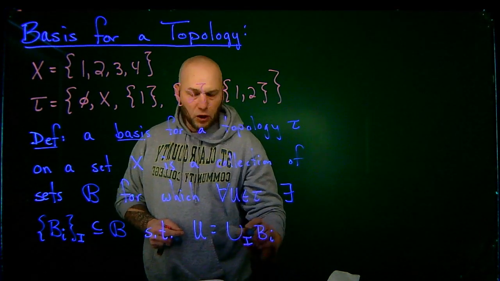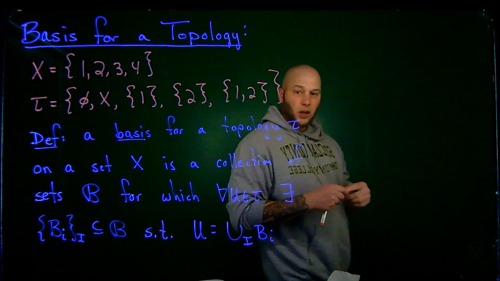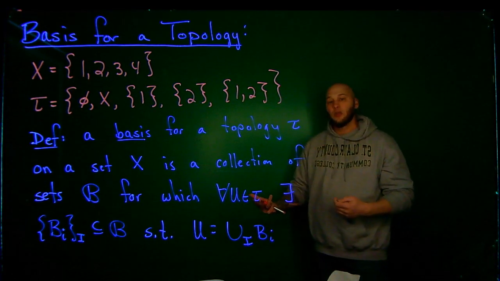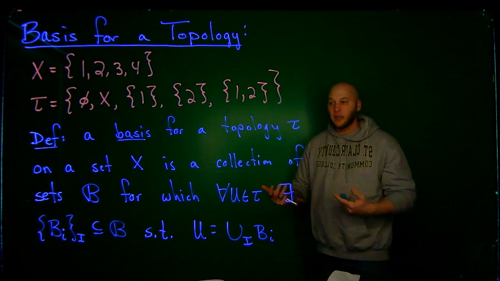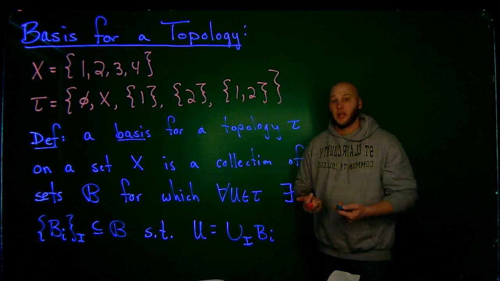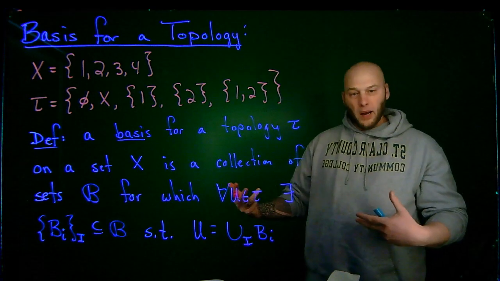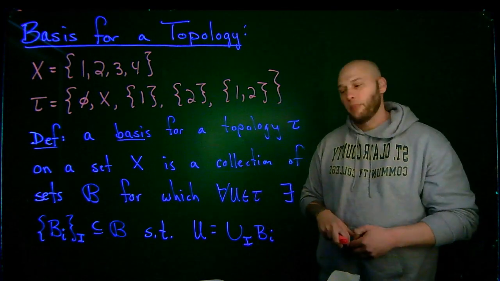So by taking unions of basis elements, I can create any open set. Okay? And what this does is allow me to describe a significantly smaller collection of sets that we can then use to generate the whole topology rather than just listing the whole topology.